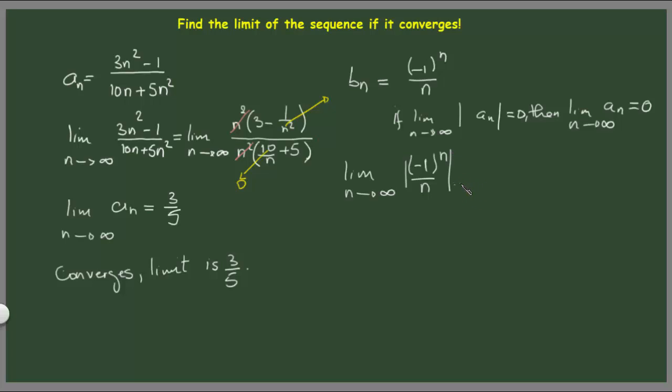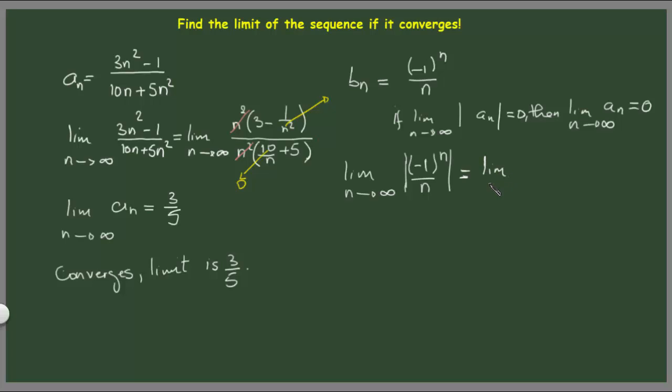The absolute value always makes the value positive; it takes the minus away. So the absolute value will turn this negative to positive, and 1 to the power of n is still 1.